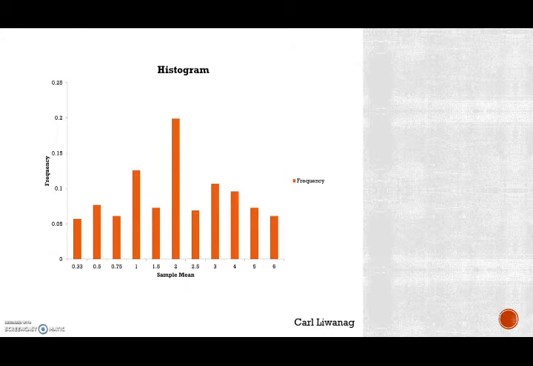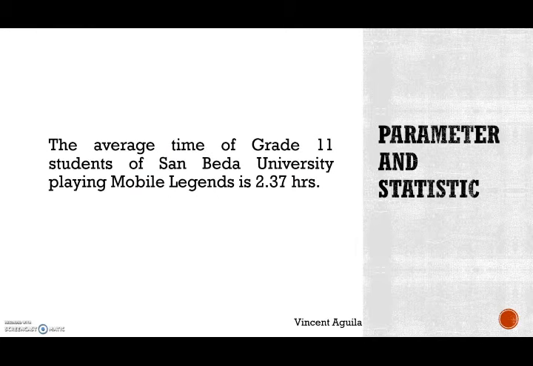The data from our frequency table is represented in a histogram, which shows that 2 is our largest sample mean. The parameter is the average time of grade 11 students of San Beda University playing Mobile Legends, and the statistic is 2.37 hours.